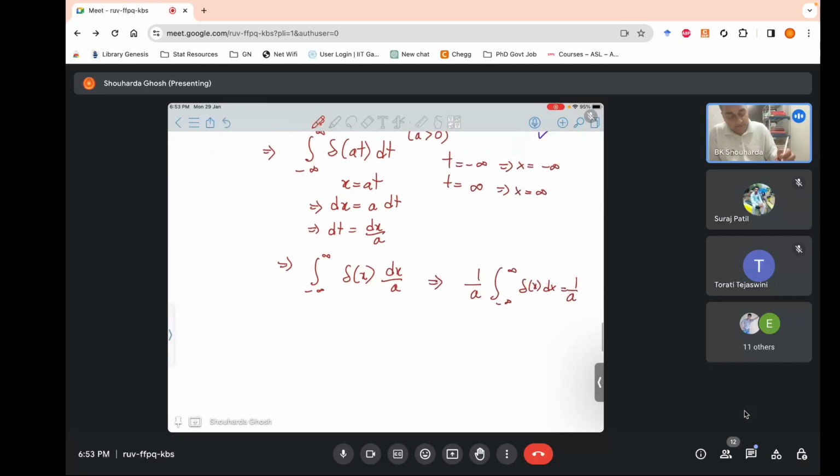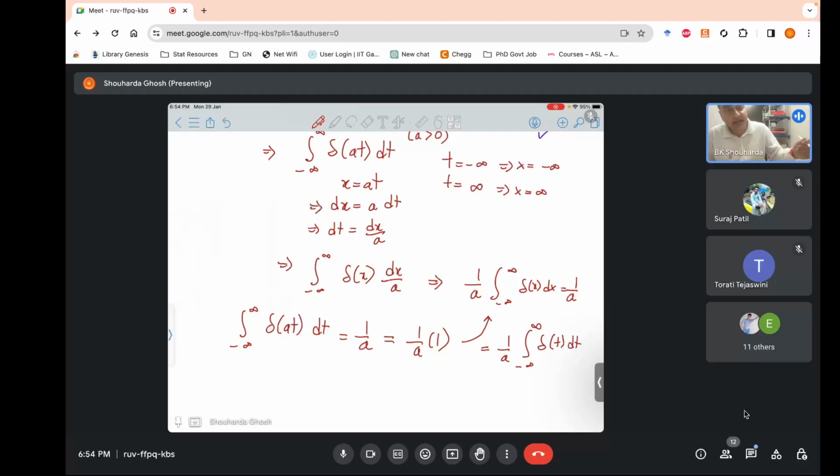Now you look at this. The integration from minus infinity to infinity of delta at dt equals 1 upon a, and that can be written as 1 upon a into 1. So I'm just getting back to this step: 1 upon a integration minus infinity to infinity delta t dt.